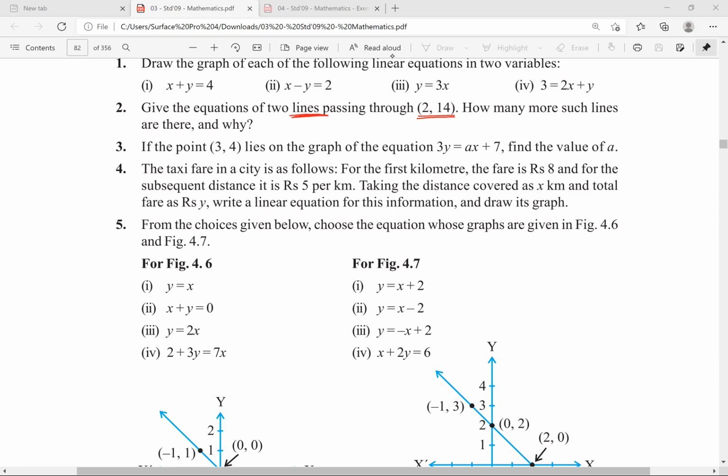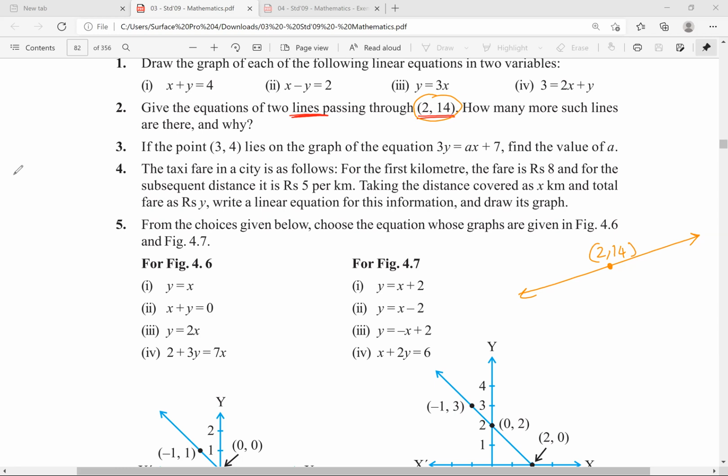We said that if a point lies on a line, then this line, whatever this line is, should pass through this point 2 comma 14. So if a point lies on a graph, on a line, then it has to satisfy the equation of that line. Is it clear? This much?